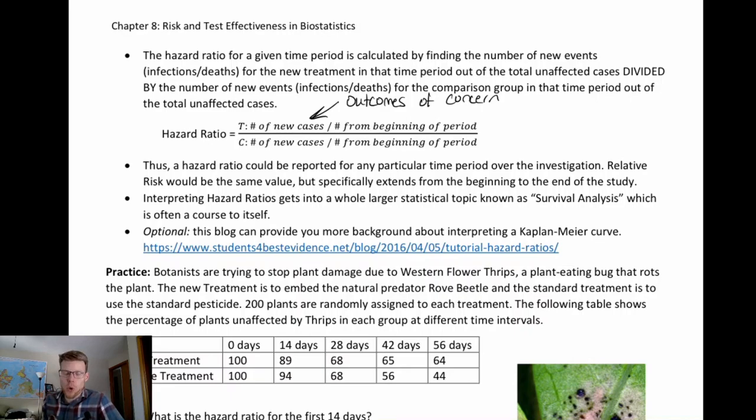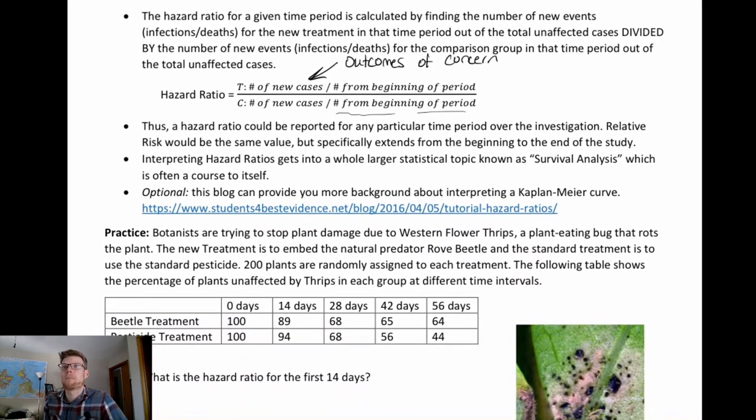That's over the total number that we started with at the beginning of a period of time. So the number of new cases divided by the number from the beginning of that period, divided by the number of new cases for the other group, often a control group or some other treatment factor that we're comparing against, again the number of new cases divided by the total number from the beginning of that time period. Therefore, we can choose the time period of interest, and that hazard ratio is going to be different depending on the time period that we're focusing on.